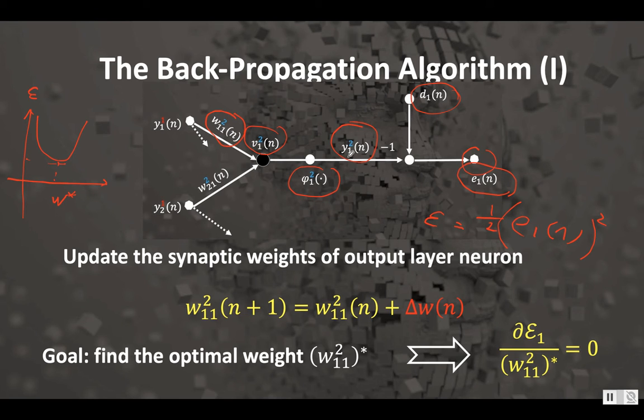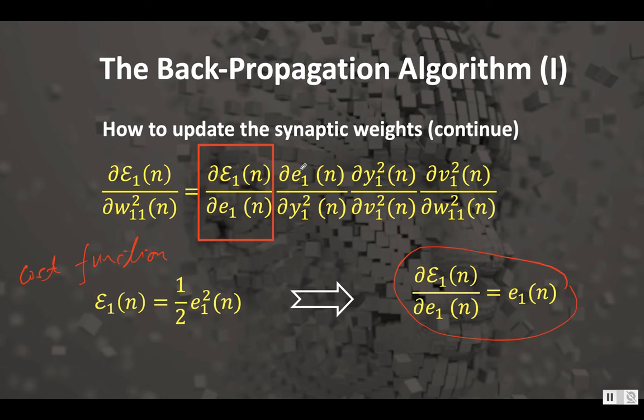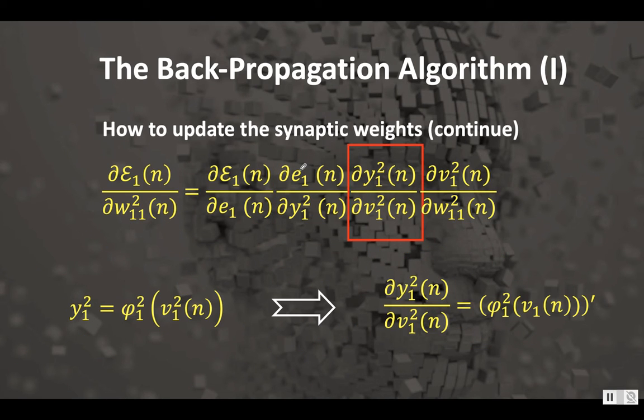Look at here, Y21(n) equals the activation function with V21(n) as the input.